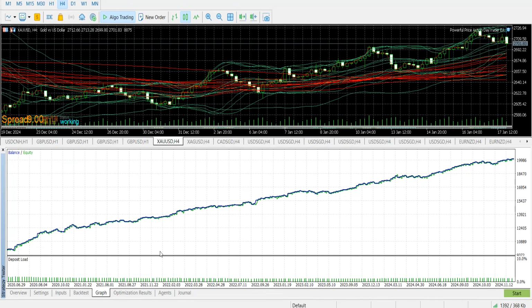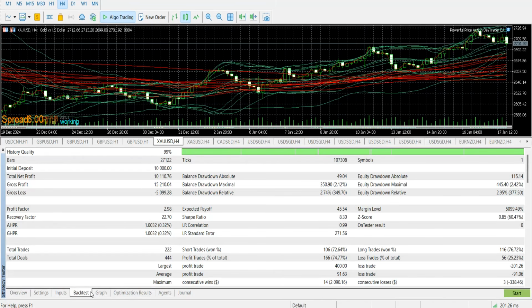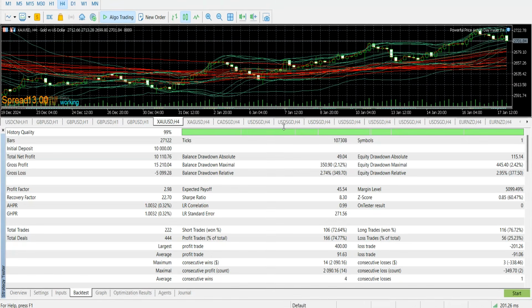Here is a test that I did with the new set files, with the new 20.0 version. And what I wanted to show you is that the EA, it is 99% tick data, of course, and the EA made 100% gain and only 2% drawdown, which is quite something.